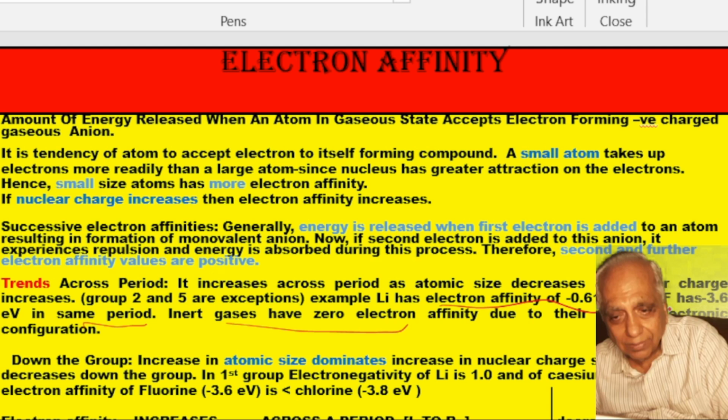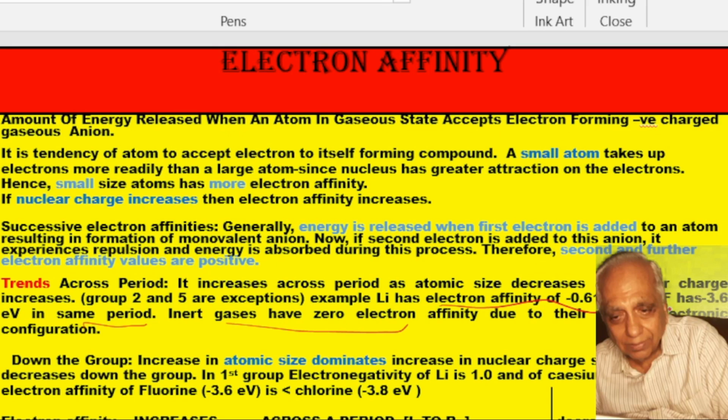Now if we go down the group, then atomic size will dominate. What happens to atomic size? Size increases. What I told you to remember: if the size is small, more electron affinity. So when the size increases, electron affinity would decrease. I have written it here. You can see that down a group, electron affinity decreases.